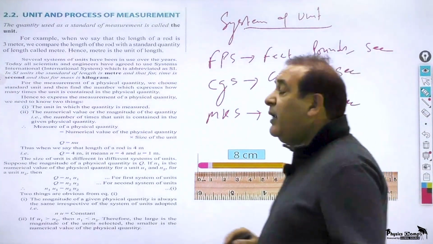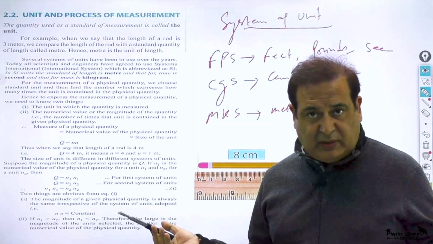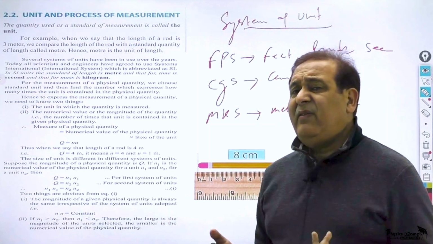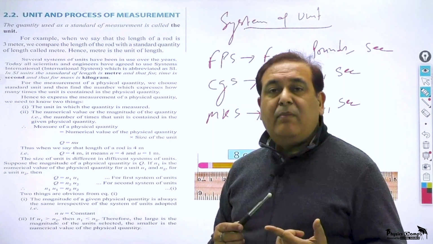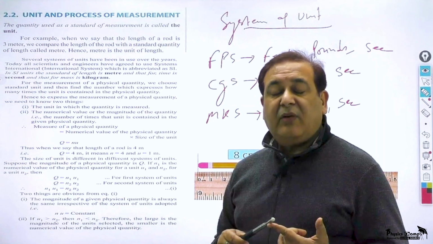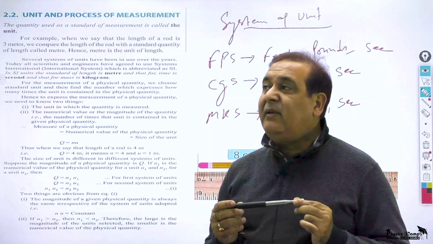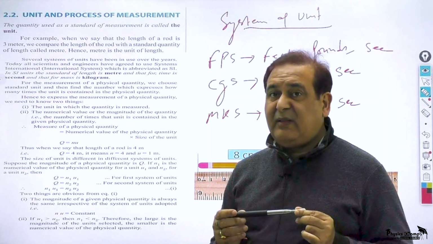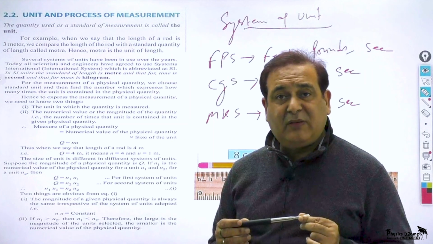Now there is a confusion about which system is to be used in which situation. The point is very clear. I cannot use kilometer as a standard unit for measuring the length of a pencil. I will use kilometer for measuring the gap between two cities.